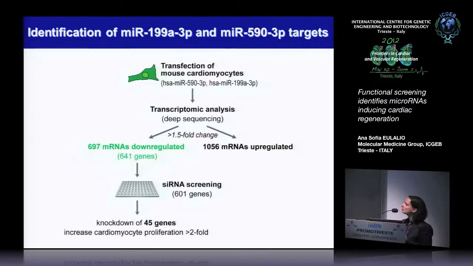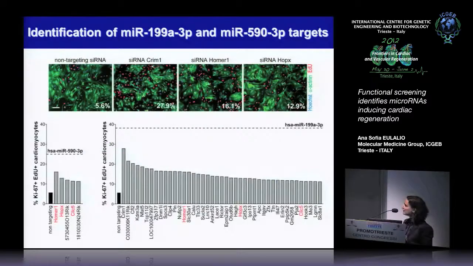So what we did was a targeted siRNA screen, where we specifically knocked down each of these genes and looked, using our proliferation assay, if they induce the same phenotype. We were able to identify that depletion of 45 of these 600 genes increases cardiomyocyte proliferation by more than 2-fold. These are the results of this targeted siRNA screen and the genes which increase proliferation by more than 2-fold.